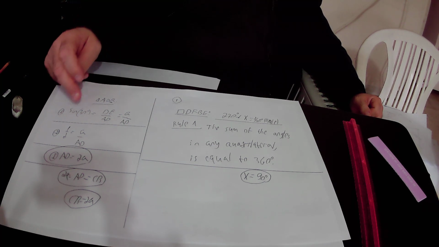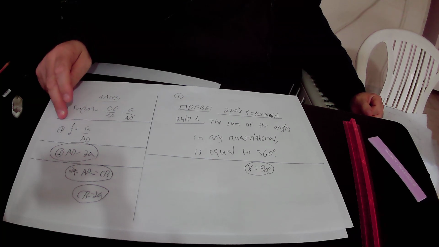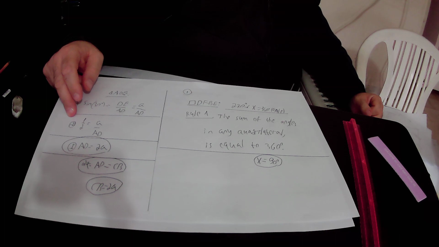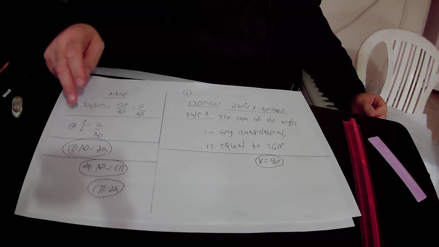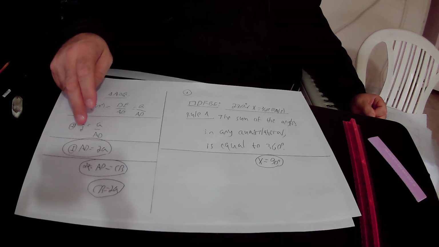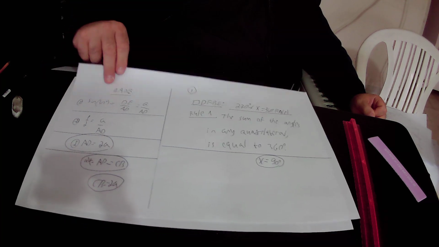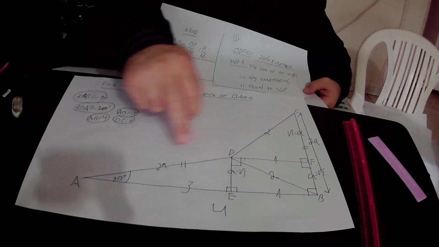Sine 30 degrees is 1 over 2, so we got that 1 over 2 equals A over AD. We cross multiply equation number 1, and we got that AD equals 2A. We found out that AD equals 2A, so we can write here that AD equals 2A.